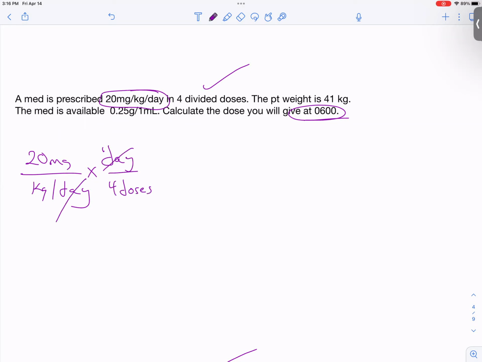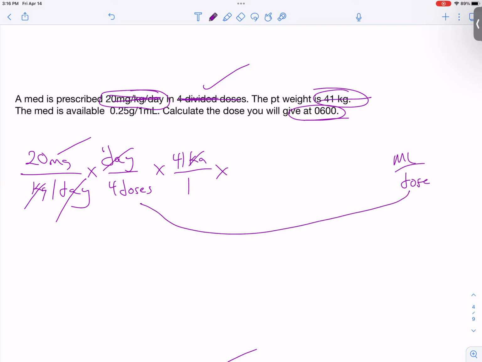Beautiful. How do I get rid of kilograms? I use what's in my problem. 41 kilograms. Boom. Love it. Get rid of my kilograms. All right. How do I get rid of milligrams? And I have to give milliliters per dose. So I already got my dose. So how do I get rid of milligrams to get to milliliters? Well, I use what's in my problem, but unfortunately it's in grams.